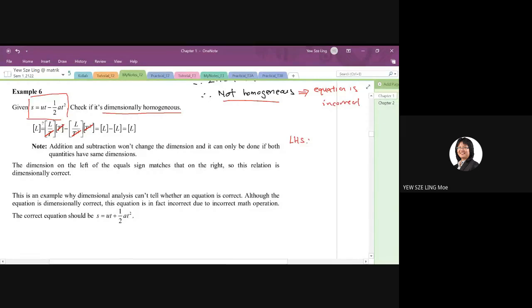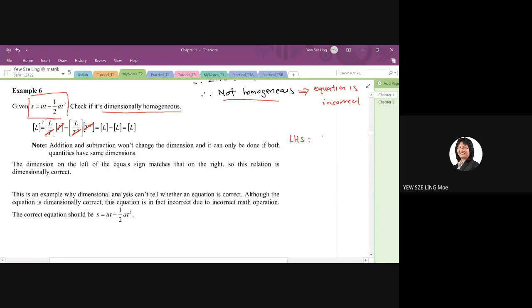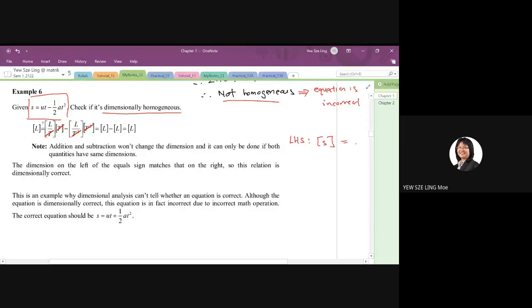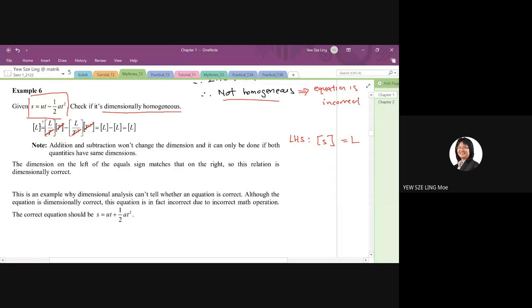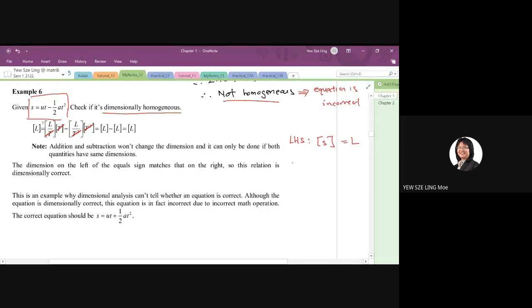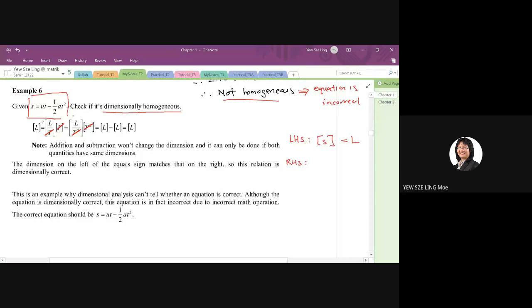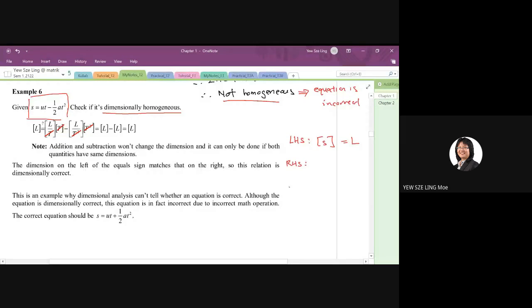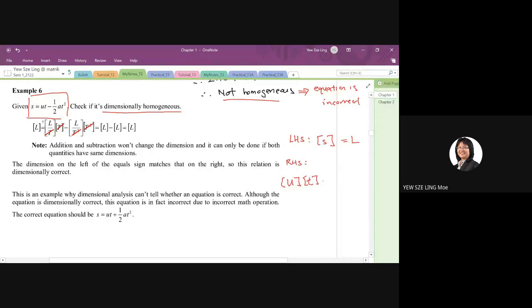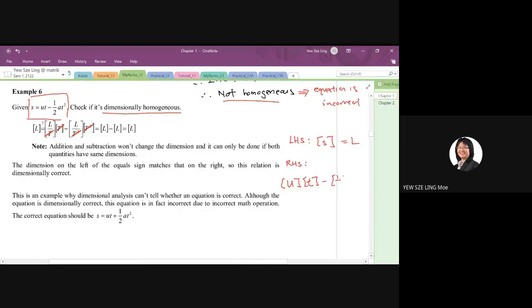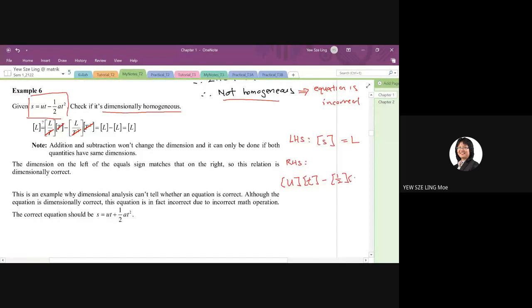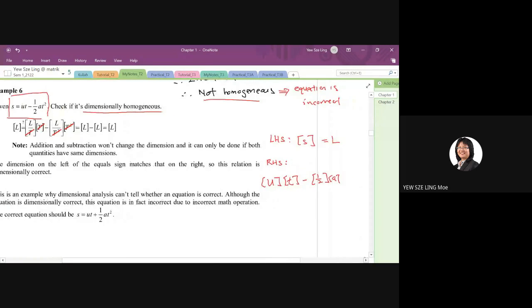So left hand side, what we have is S, which is displacement, and that is just equal to L. And then for the right hand side, it is slightly more complicated because now you have ut minus 1 over 2 at squared.